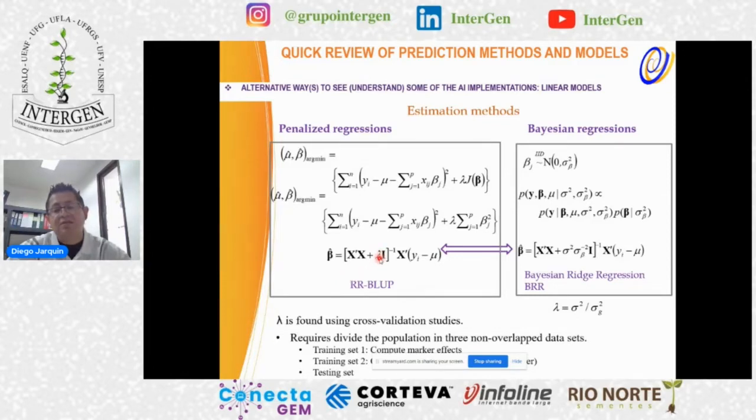So that is fixed, it is a hyperparameter in this case. On the other side, these are just parameters. Here, these are hyperparameters, meaning those are given. And then once we have the beta values and lambda values, we apply this to the testing set so that we can evaluate the predictability of the model.